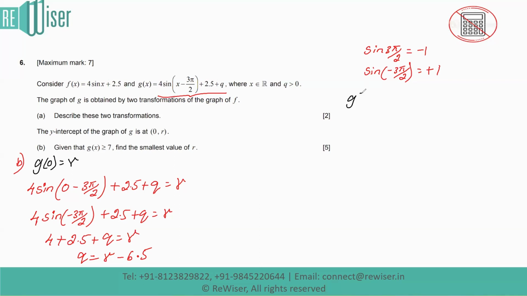What is g of x? g of x is 4 sine of (x minus 3 pi by 2) plus 2.5 plus q, and this must be greater than or equal to 7. And q we can replace: q is nothing but r minus 6.5.